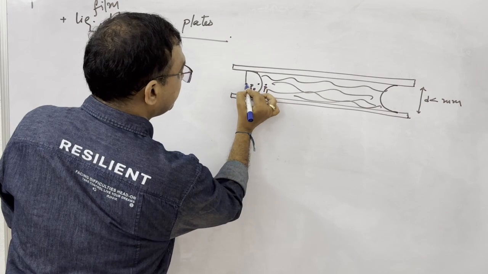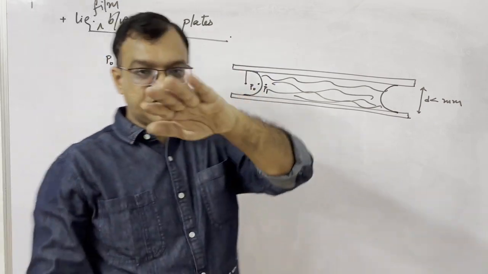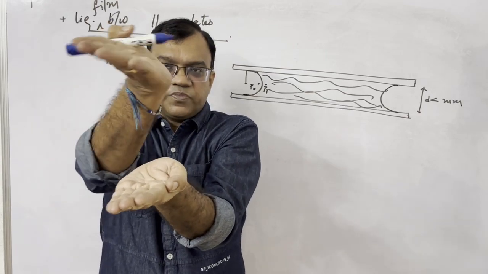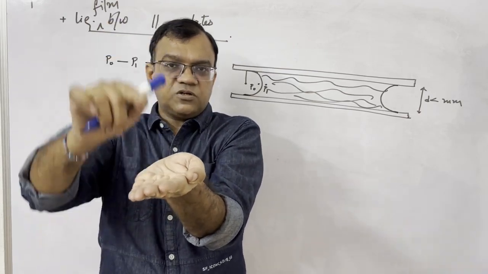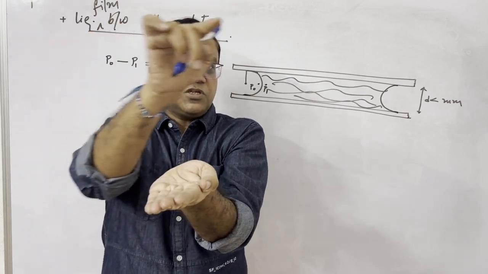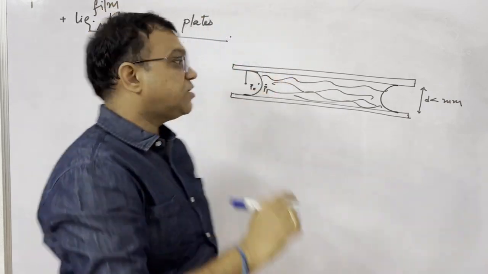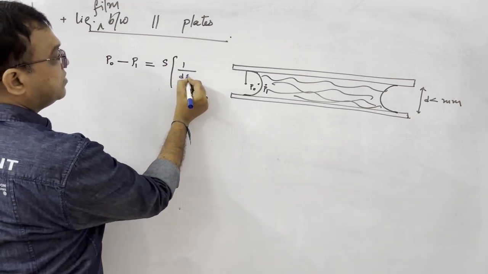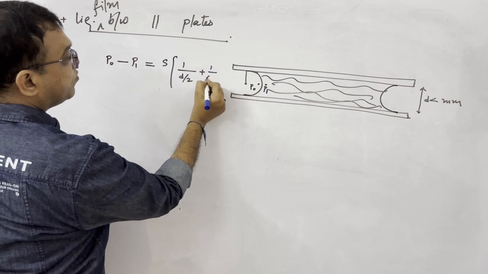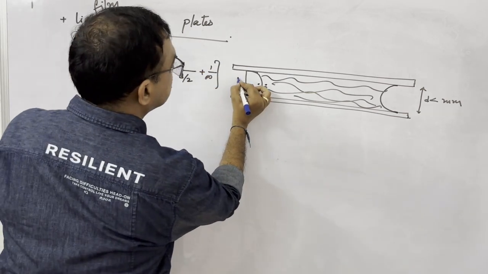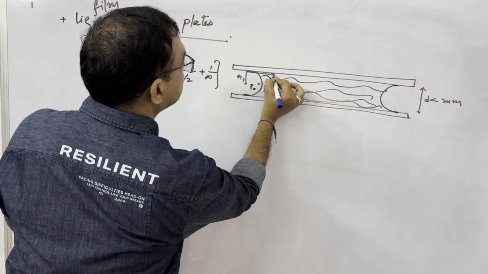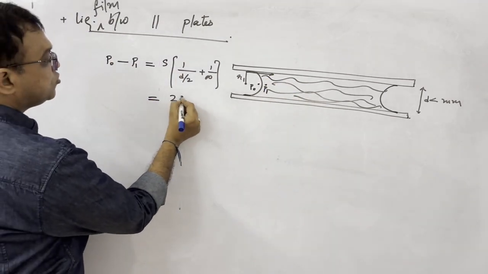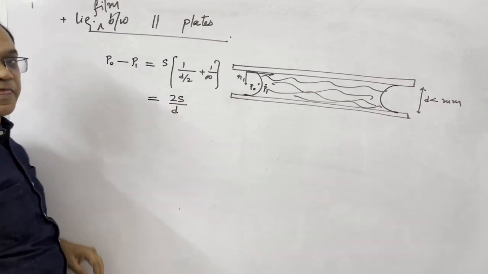Here the radius of curvature of this cylindrical surface is d by 2, and in this direction the radius is infinite. This is R1 and this direction is R2. Then you get it as 2S by d.